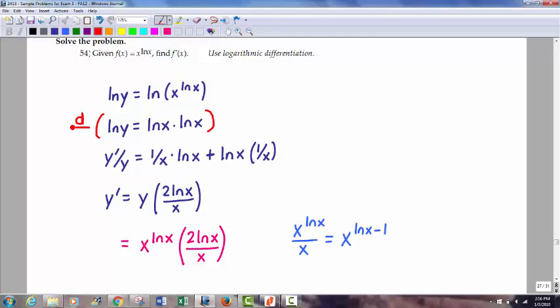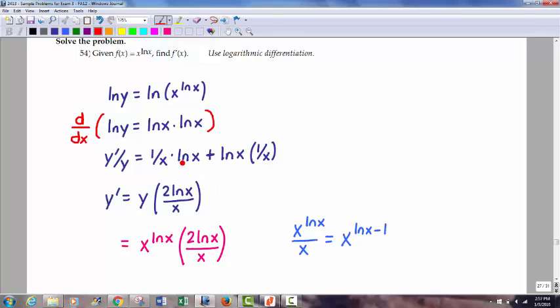All right, so d dx, like the last problem, the ln of y would always be y prime over y. And on the right side, we have to do a product rule, which is going to have the same two terms, because the derivative of ln of x will be 1 over x times ln of x plus ln of x times the derivative of another ln of x, which will be 1 over x.